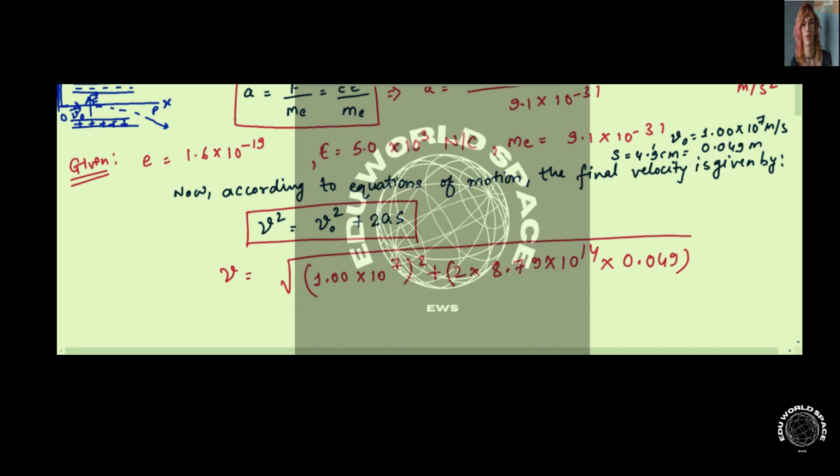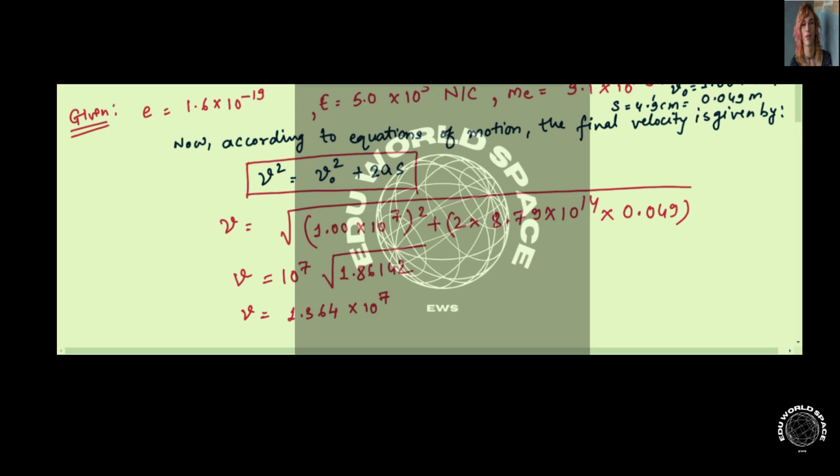After solving, we get the value of V as 1.364 into 10 to the power 7 meter per second.